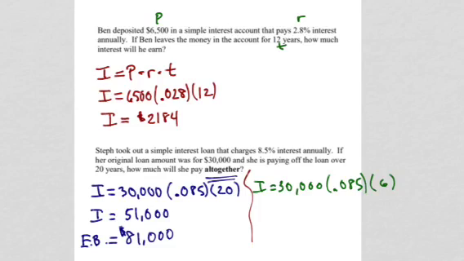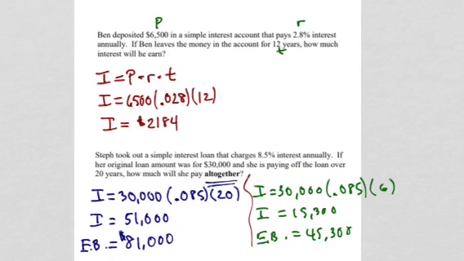So if I were to do this just at a 6-year rate, let's talk about what's different. If I did that for 6 years, I'm going to pay about $15,300 in interest, meaning the ending balance would be $45,300.